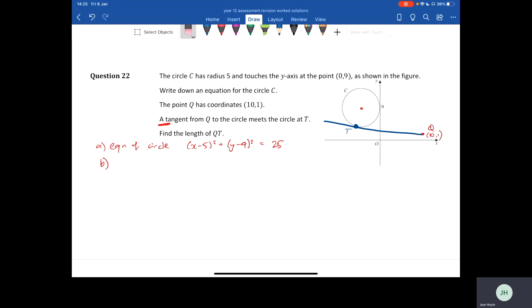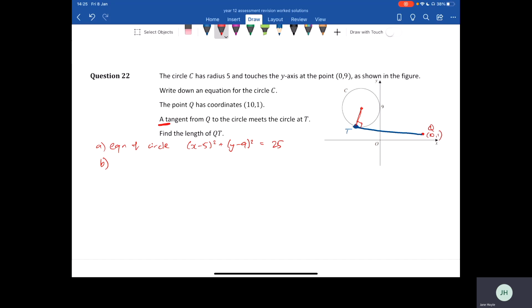So it's a little bit awkward, but we just need to carefully think about the properties that we have here. I know that a tangent and the radius are at right angles, so that might be useful. I'm going to mark that in.